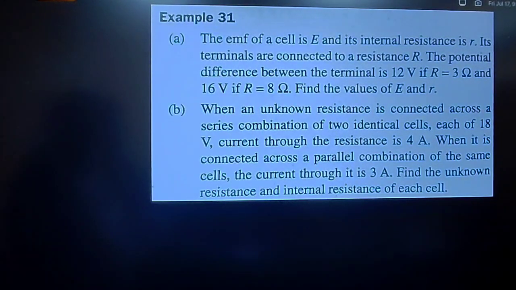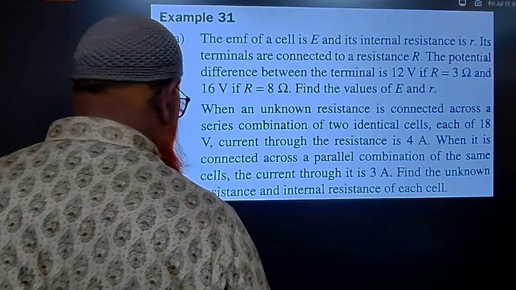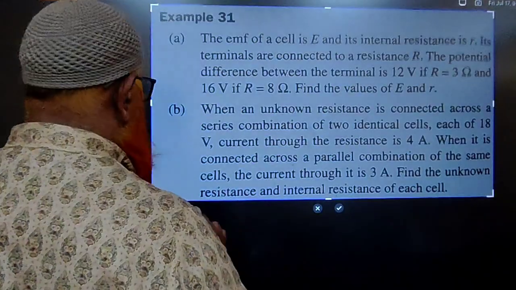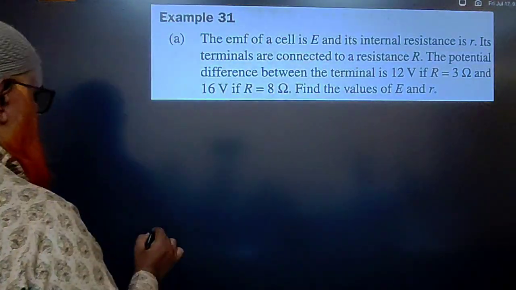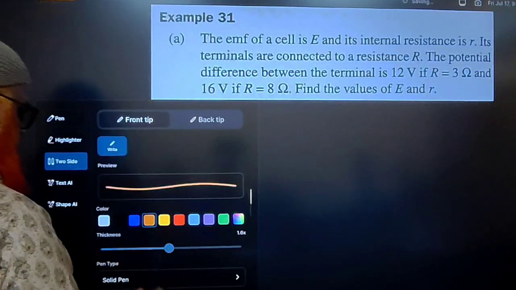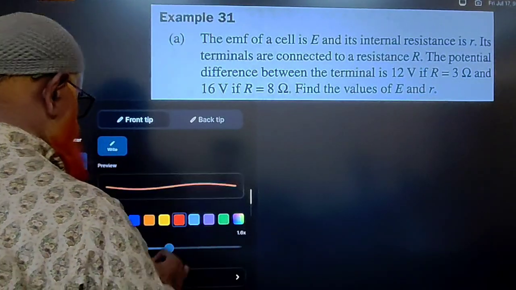The EMF of a cell is E, the internal resistance of a cell is r, its terminals are connected to resistance capital R, the potential difference between the terminals of the cell is 12, so we can just take this. So how are you going to solve this problem? Let us see now.